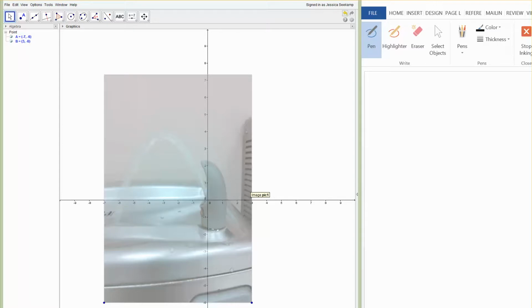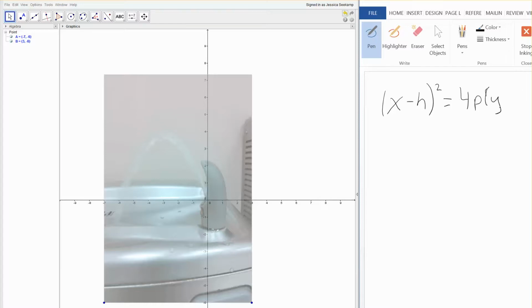Alright, so now we need to find an equation that models this parabola. And to do that, remember that you know the general form for the equation of your parabola. It's a y equals x squared parabola, so (x minus h) squared equals 4p times (y minus k).